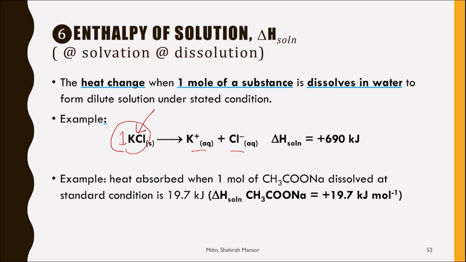Heat absorbed when 1 mole of sodium ethanoate is dissolved at standard condition is 19.7 kilojoule. Now you are going to write the thermochemical equation for this statement. Again, this sodium ethanoate is one example of a solid ionic compound.